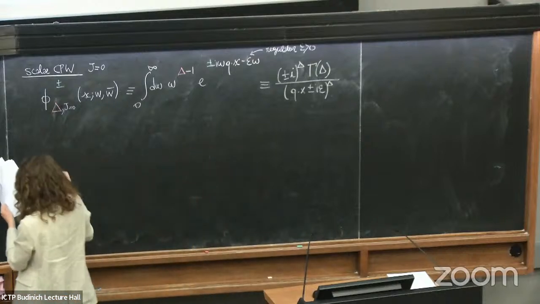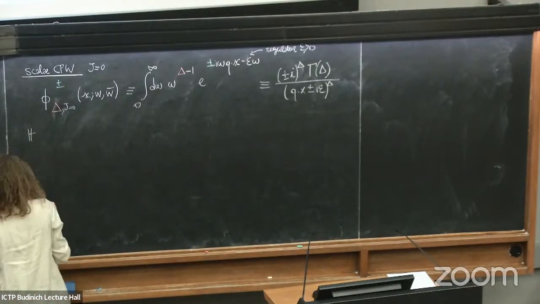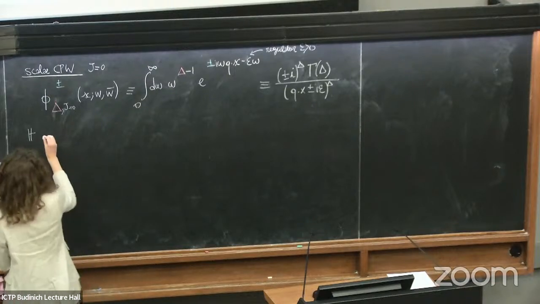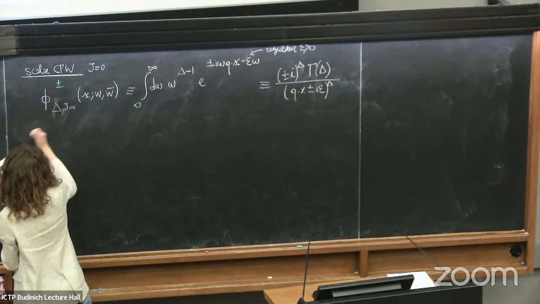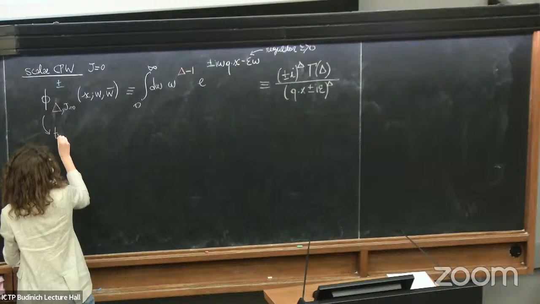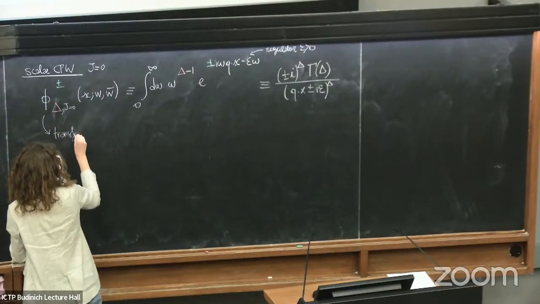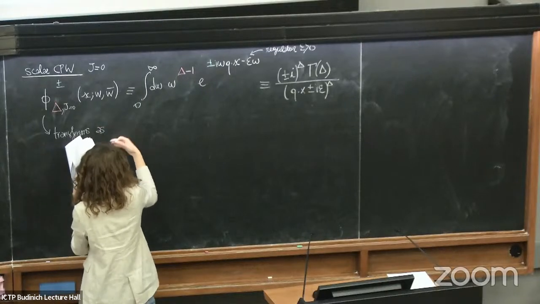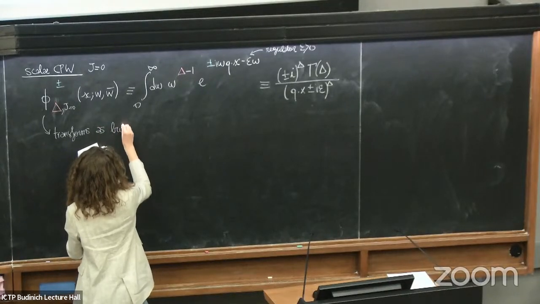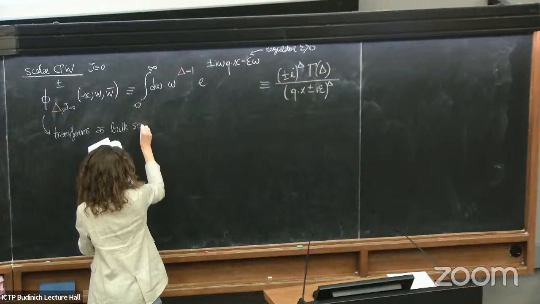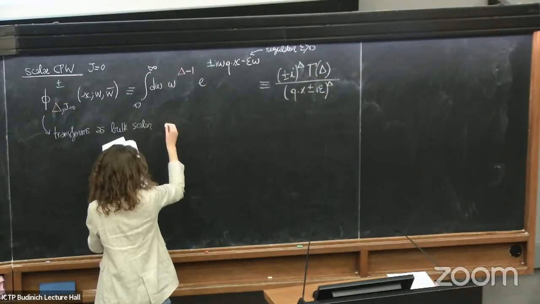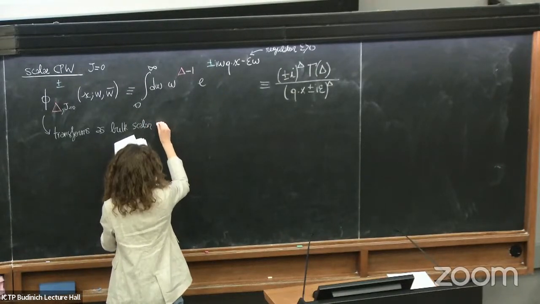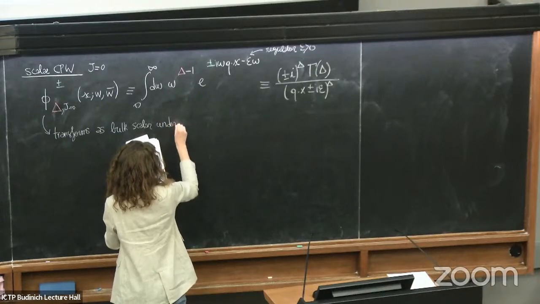Well, because now the nice thing about these functions, as their name suggests, is that phi transforms now as a scalar under the bulk Lorentz transformations.